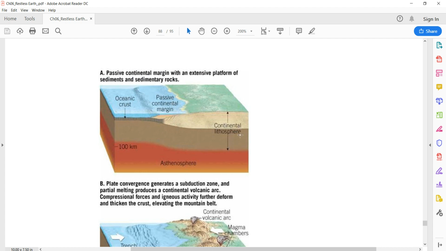This is your continental lithosphere, this is oceanic lithosphere, and right where the ocean meets the continent, there is this continental shelf, and then you have a continental slope here where the depth of the ocean suddenly changes, and this is where the oceanic crust or oceanic plate will meet with the continental plate.